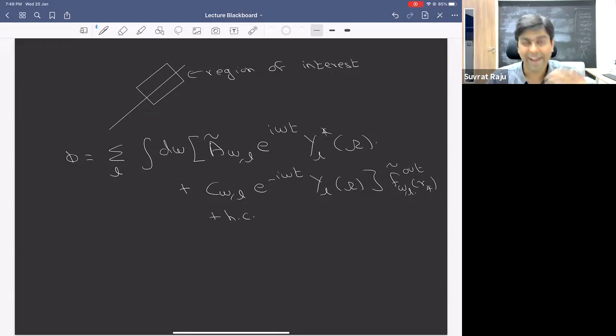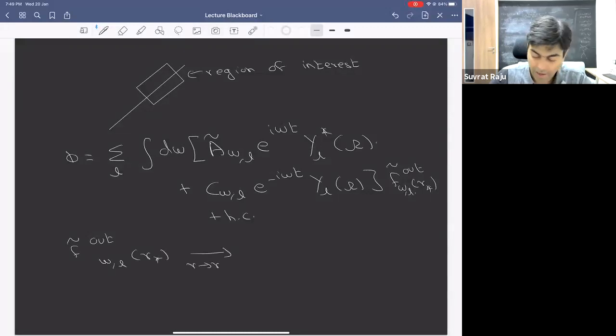Behind the horizon, you can continue to solve the Klein-Gordon equation. The field obeys the Klein-Gordon equation outside the horizon, and it also obeys it behind the horizon, because the horizon locally, as we said, is not a special place. So this solution, F tilde, has the property that as r goes to r_H from inside, it goes to e to the minus i omega r star.